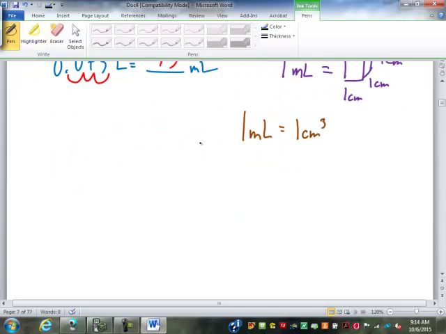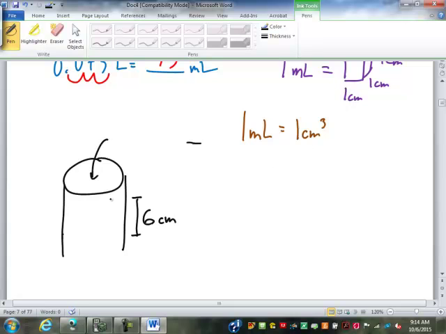So if I have a car whose cylinder has a 6 centimeter stroke and the area of the head of the piston is, what do I want to put in here? I want to keep it reasonable. Let's say it's 32 centimeters squared.